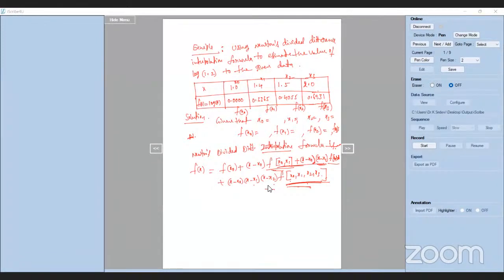Next, divided difference or Lagrange's interpolation formula. Do at least one example for each formula or method. Definitely one problem will come out of these two methods, divided difference or Lagrange's interpolation. I think 90% divided difference is important.